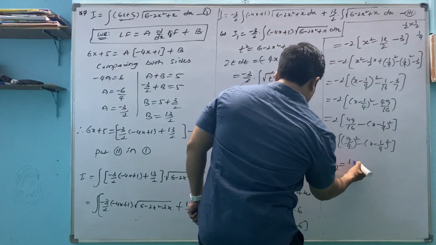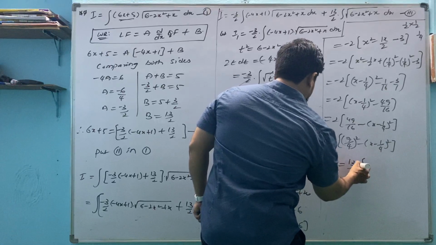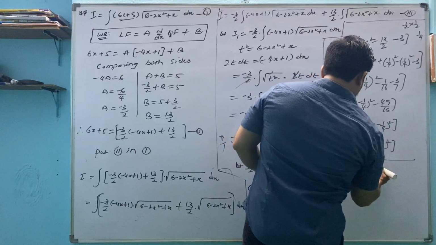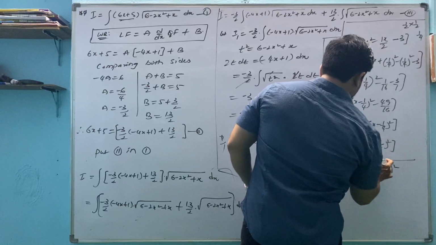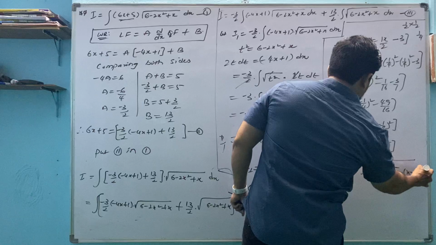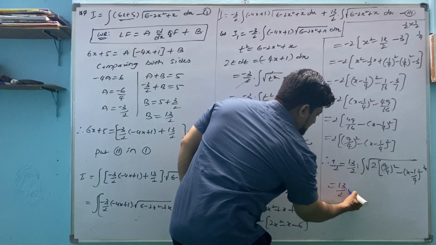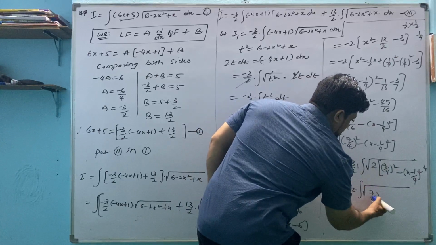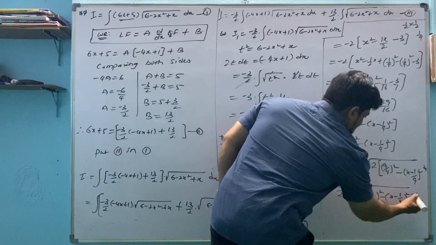I2 equals 13 by 2 integral, 2 is there and root is there, root over 2 into 7 by 4 whole square minus x minus 1 by 4 whole square dx. Now this 2 comes out of the root, it will be root 2 integral root over 7 by 4 whole square minus x minus 1 by 4 whole square dx.